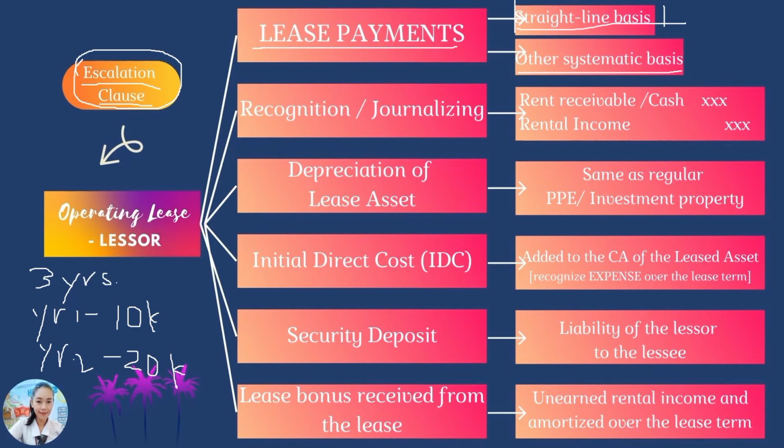And now for year 3, another increase, so it increased to 30,000.